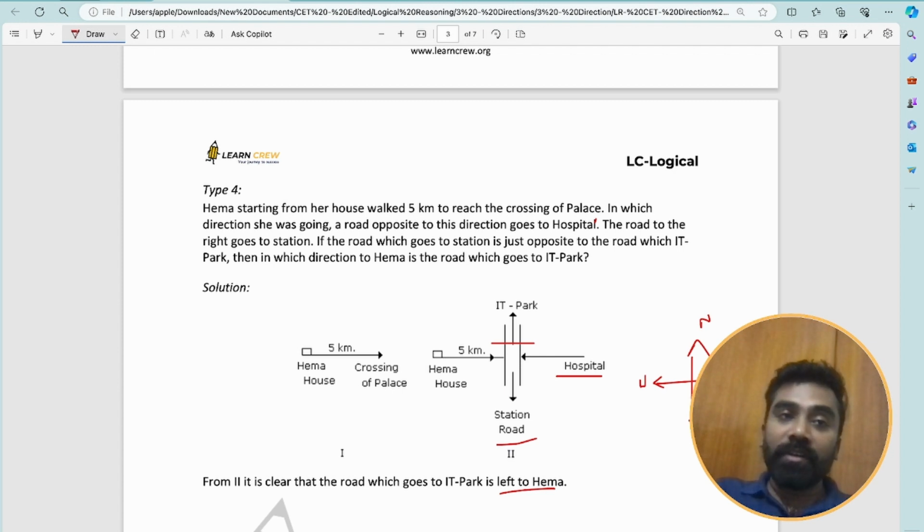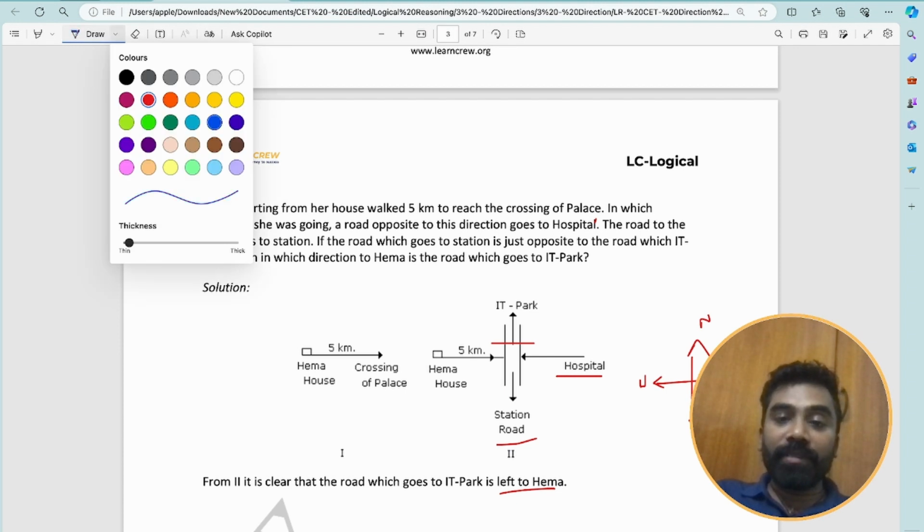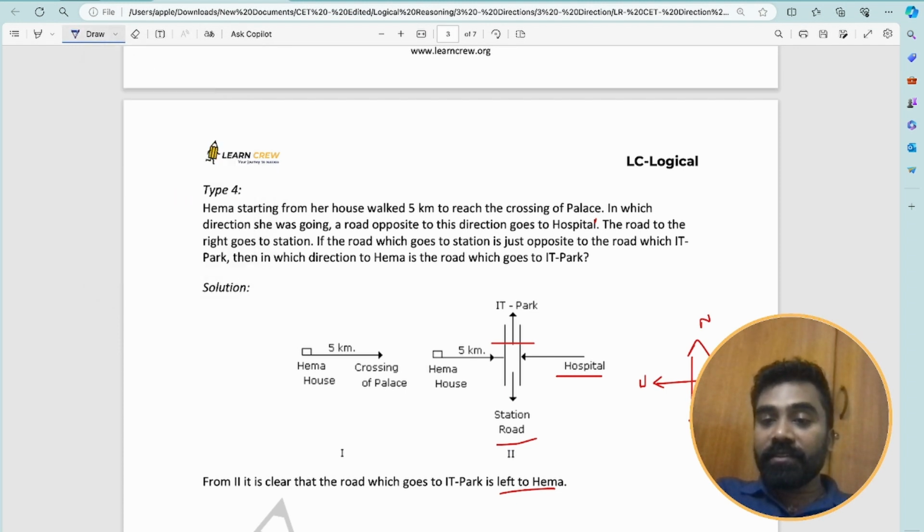Normally it faces north, but due to heavy wind, what has happened? This is facing west now. If this is facing west, what is happening? The west has shifted over here. Obviously the north will be shifted to here. If north is shifted here, the east will be shifted here.